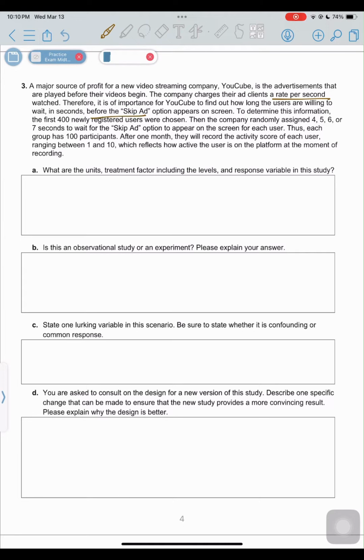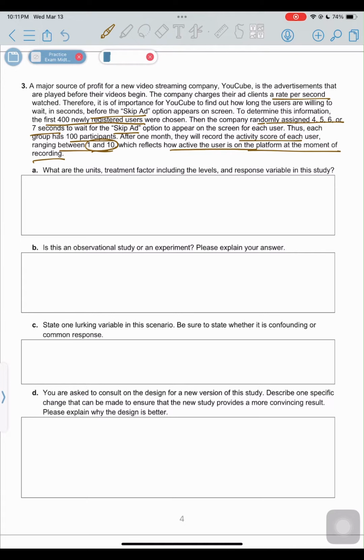So the first 400 newly registered users were chosen, and then the company randomly assigned 4, 5, 6, or 7 seconds to wait for the skip ad option. And thus, each group has 100 participants. After 1 month, they will record the activity, ranging from 1 to 10, which reflects how active the user is on the platform at the moment of recording. So what are the units, treatment factors, including the levels, and response variable?